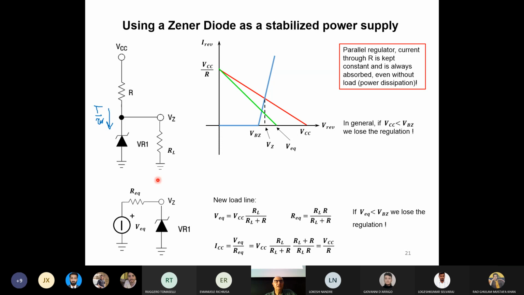The easy way to see everything is just to mentally swap, invert the position of the Zener diode and of RL. So we are interested in the output voltage, VZ. It doesn't change anything if we take the resistance to the left and the Zener diode to the right.